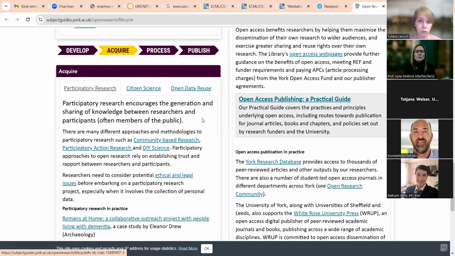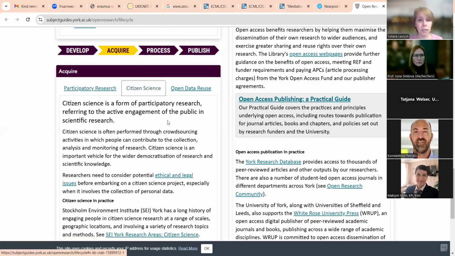Participatory research encourages people to share knowledge between the researchers, and it means that if you see interesting open data or an open resource, you can easily connect to the author of this data and, for example, suggest your help or your participation, and then you will create a great collaborative project.